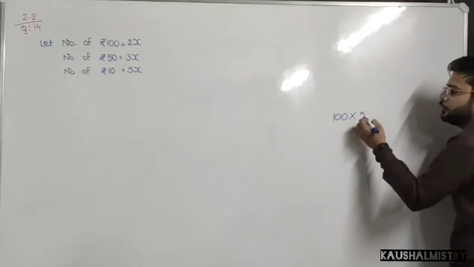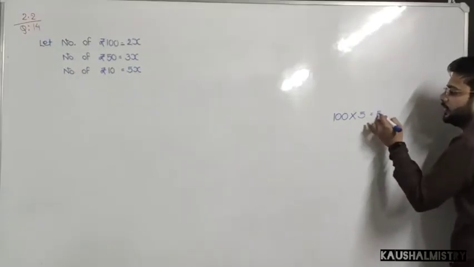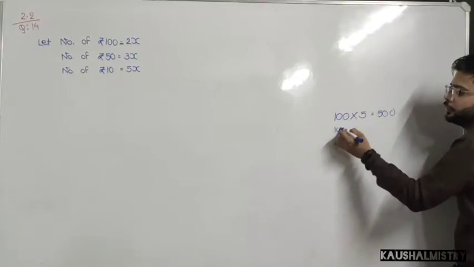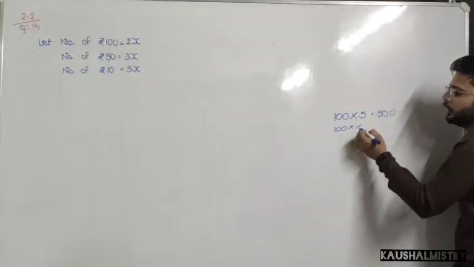That means 5 notes, 100 into 5, that is 500. 10 नोट हो 100 की तो कितने रुपीज हो गए? 1000.